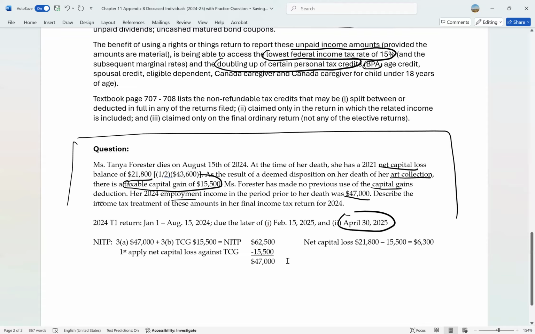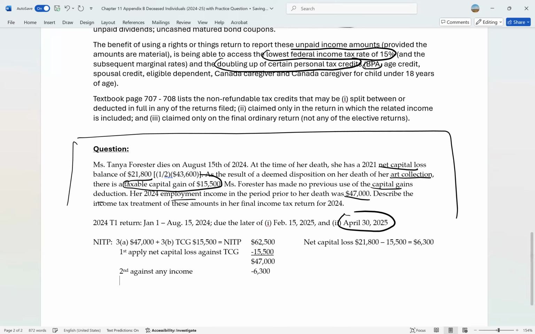And so the remaining 6,300, we can now apply with a second step against any income. And so we still have 6,300.